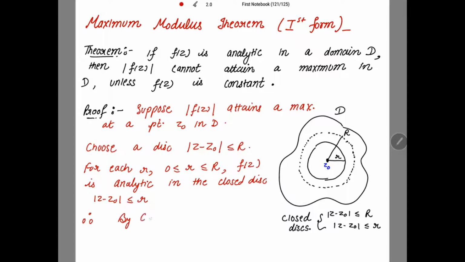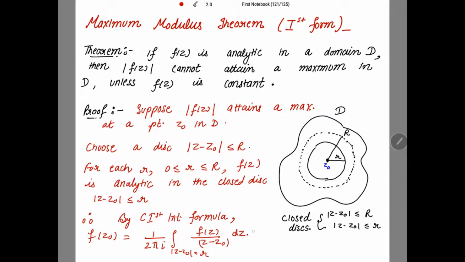So by Cauchy's first integral formula, f of z0 is equal to 1 over 2 pi iota integral over |z minus z0| equal to small r, f of z over z minus z0 dz.